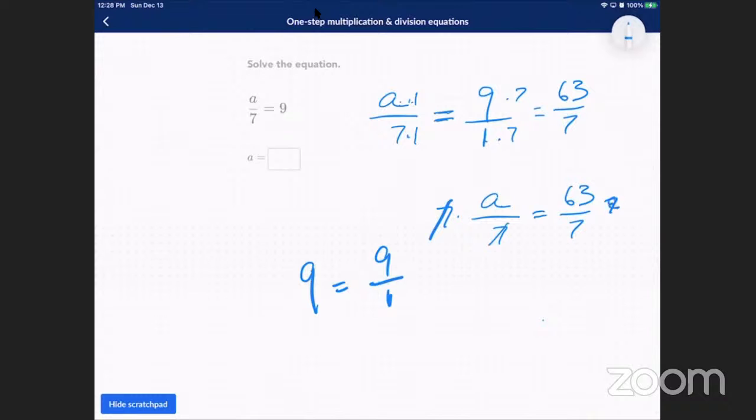And then we say a equals 63 over 7. So a equals 63.